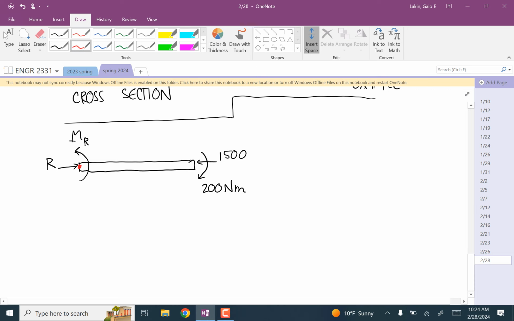I'll use this as the about point for this external loads calculation. So Newton's second law, we're only worried about the x direction. So R minus 1500 is equal to 0. So R is positive 1500.